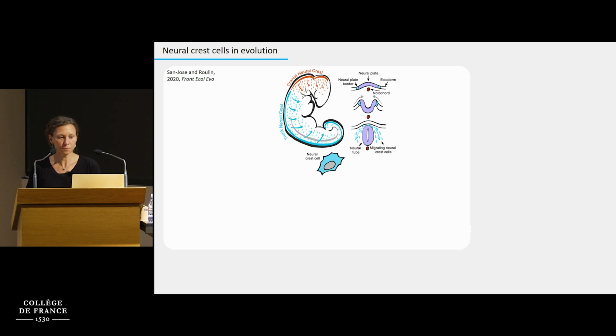cells. Neural crest cells are a vertebrate-specific cell type. They originate in the early embryo when the neural tube closes, at the crest of the neural tube, therefore the name. These cells are interesting because they migrate out from the neural tube into different areas of the embryo, and then they differentiate and give rise to many different cell types.